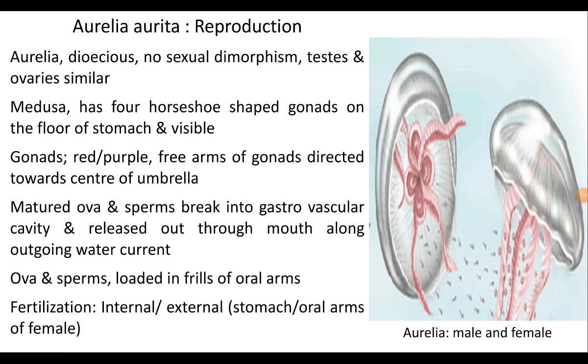The male medusa releases the sperms, and the sperms swim in water and reach the ova and fertilize them either in the stomach of the female or in the frills of the oral arms of the female body. Hence, fertilization takes place either internally inside the stomach or externally in the frills or ciliated grooves of the oral arms of the female body.